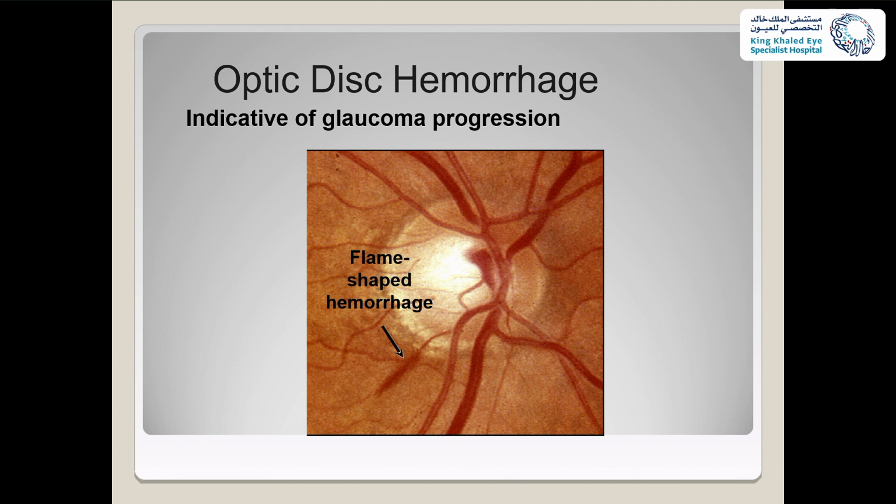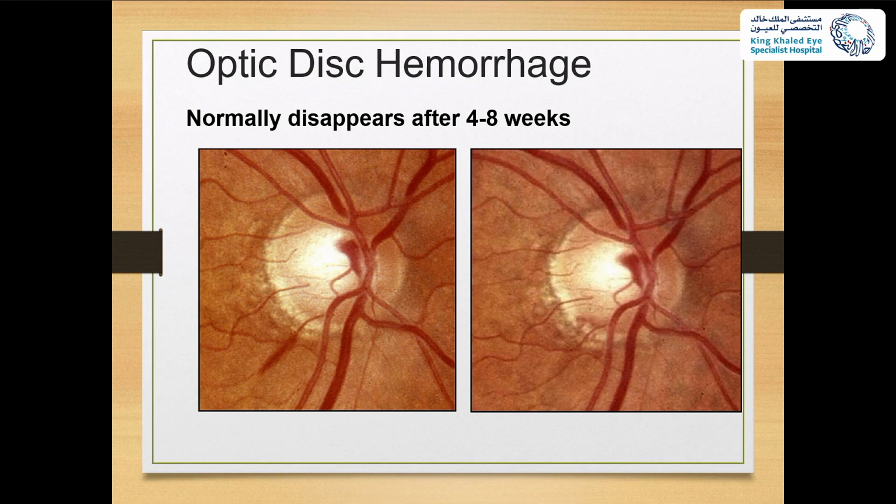This is an example of flame-shaped hemorrhages, which happen in the nerve fiber layer. This disc hemorrhage usually disappears within 4 to 8 weeks after it happens and leaves some visual field defect.